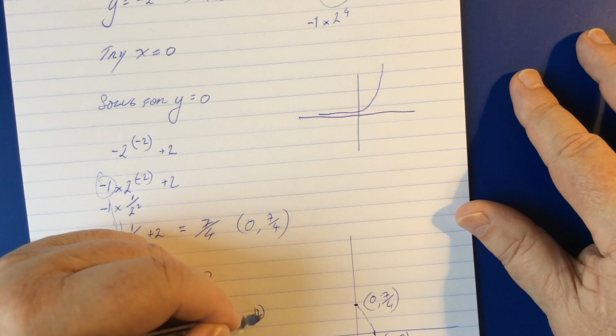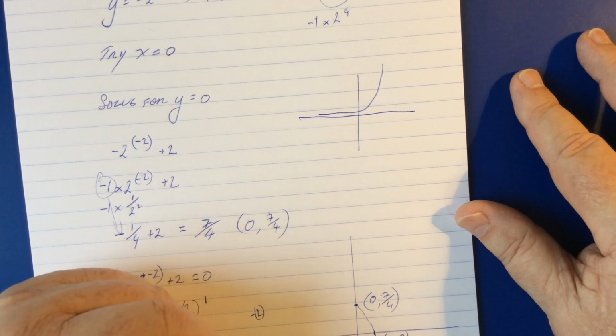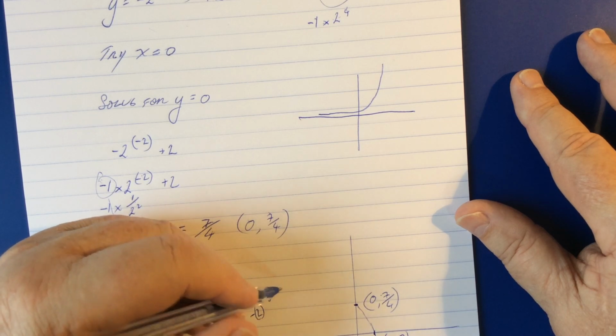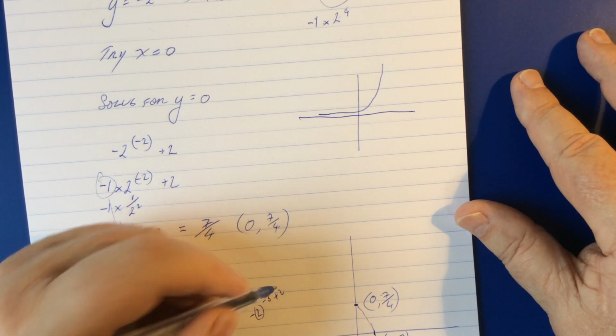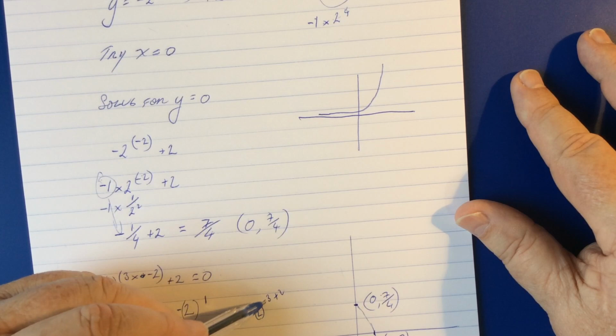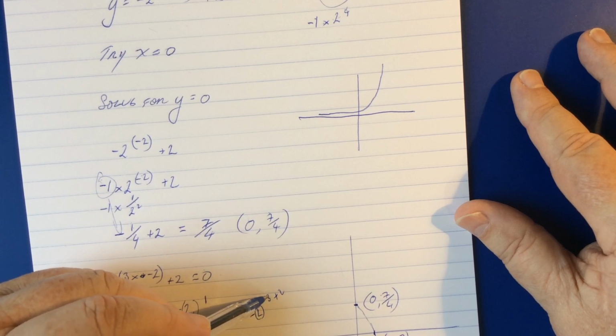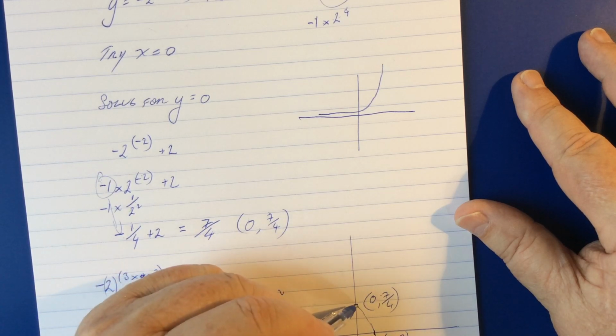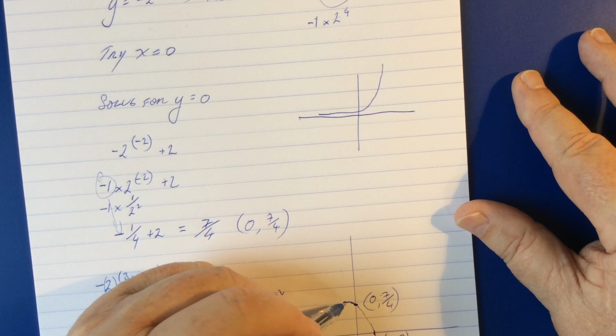Negative 2 to the power of negative 1 times 3 is negative 3 plus 2. So that is 2 to the power of negative 3. That is 1/8. So it is 1/8 that becomes negative because of this. So that's negative 1/8 plus 2. So this thing at negative 1 appears to bend over in this direction.